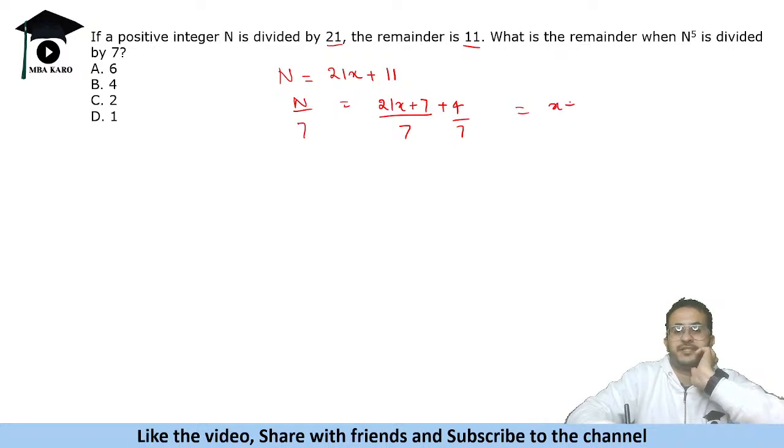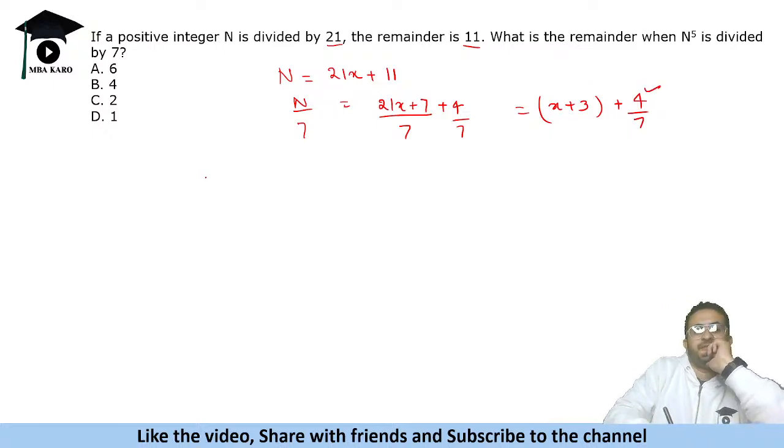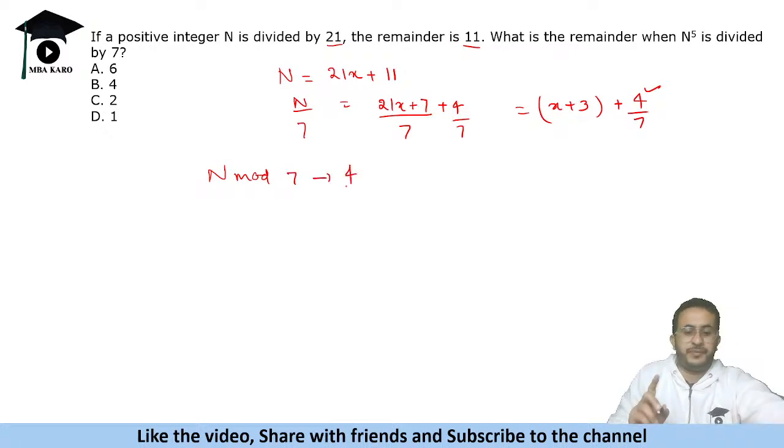So it is 3x plus 1 plus 4 by 7. So remainder is 4. Okay. So n mod 7 is 4. So 4 remainder बच रहा.